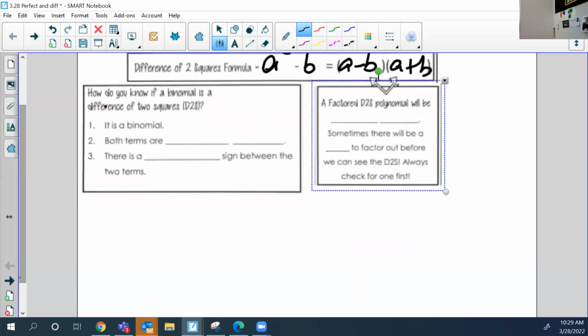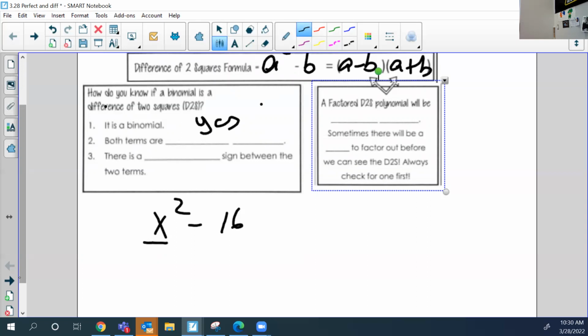Okay, here we go. So let's look at x squared minus 16. Okay, it's a polynomial, but it's a binomial, which is 2 terms. So if you look at this box right here, it asks, is it a binomial? Yes. That's the first thing you want to look at. It is a binomial. Are both terms a perfect square?